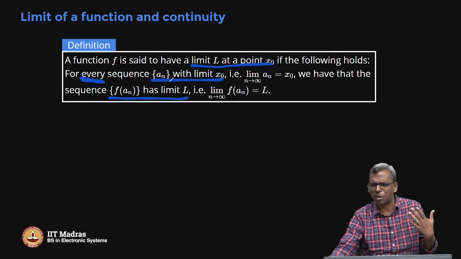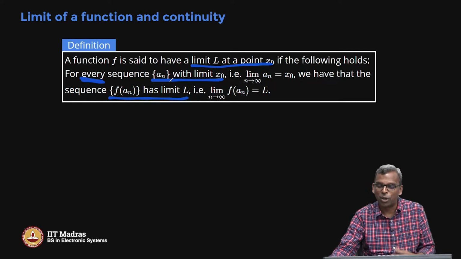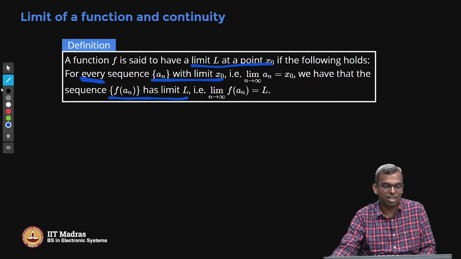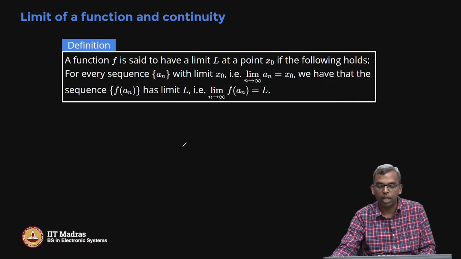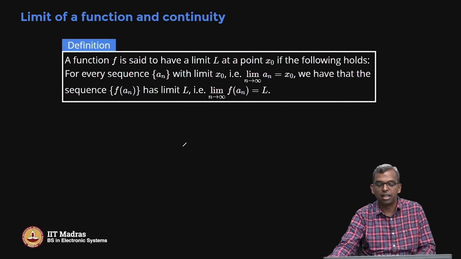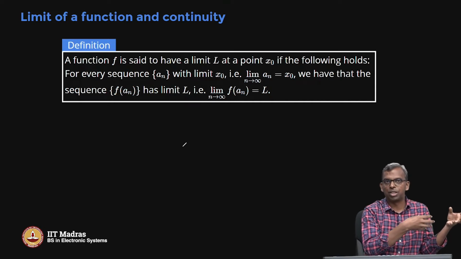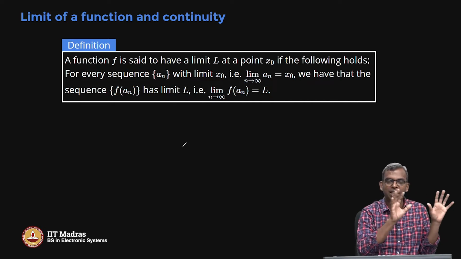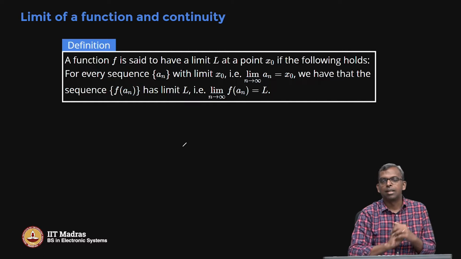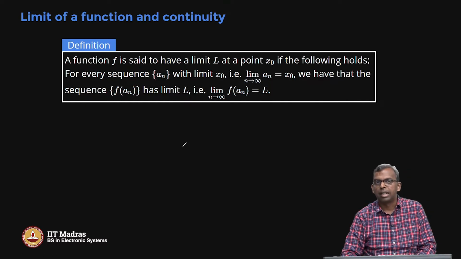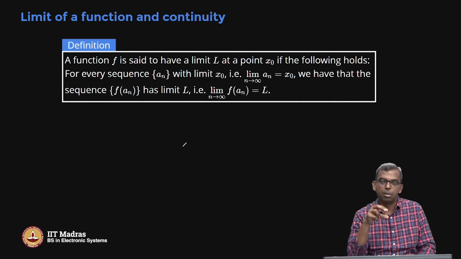I keep repeating this, every possible sequence a_n, and there's a reason for it. That's what makes this definition very important. It's motivated by the previous comparison of two different cases and what happens to a sequence converging to x naught in each. You saw that in the jump case there was no limit, and in the continuous case there was a limit L.